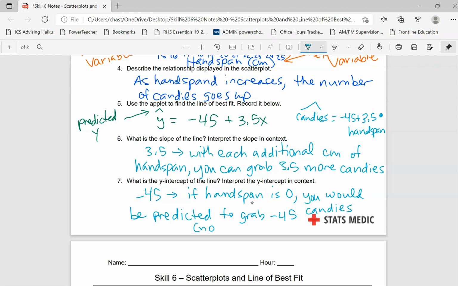But there's no contextual meaning in this. Meaning you can't grab -45 candies. Okay?